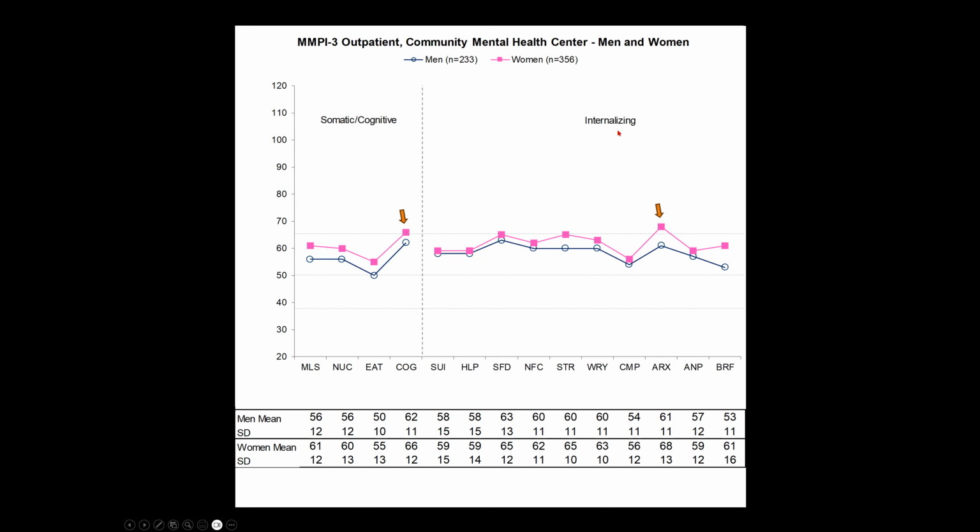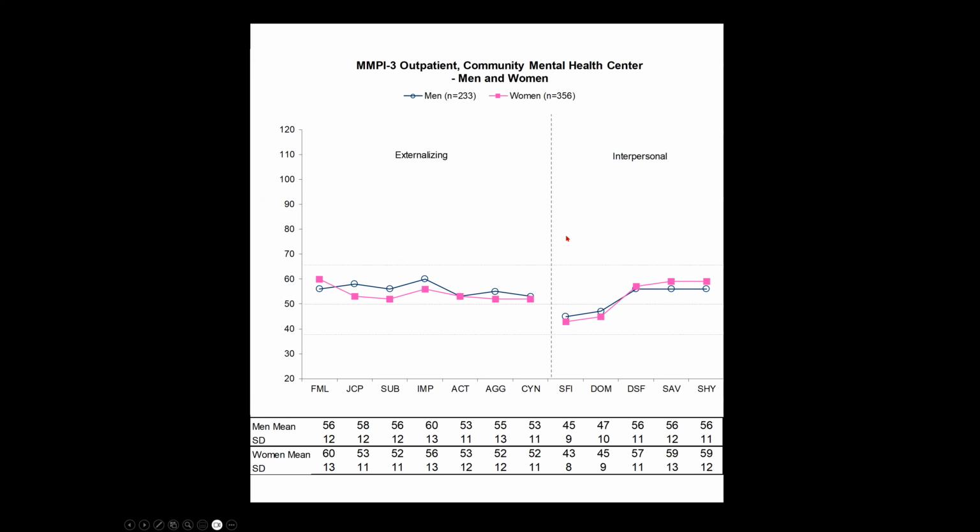And among the internalizing specific problem scales, anxiety-related experiences, where we do see a 7-point difference between the women and the men on this scale, that's reflective of various experiences associated with anxiety, including possibly features of post-traumatic stress disorder, although we obviously don't diagnose any specific disorder based on MMPI-3 scale scores alone, and also elevations on some of the other internalizing scales here as well.